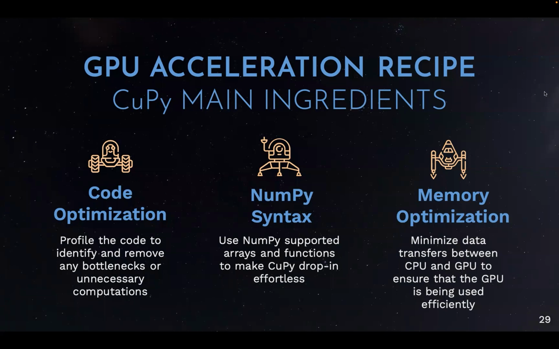So basically, the 3 main things is to profile and optimize your code before using GPUs, just to make sure that there are no bottlenecks inside of it and everything is running smoothly already. Then also, when you're using CuPy, use NumPy syntax. So all the functions in NumPy that you can use them. So you can basically do a CuPy drop-in, replace NumPy with CuPy. The third is memory optimization.